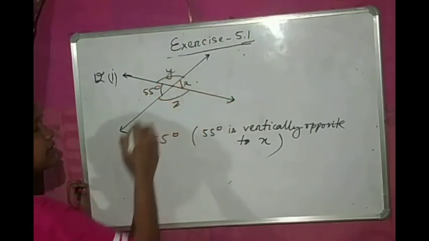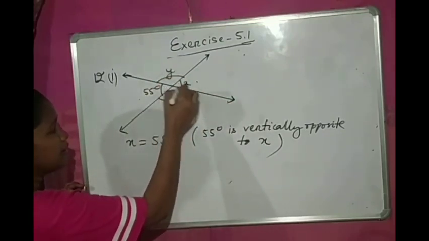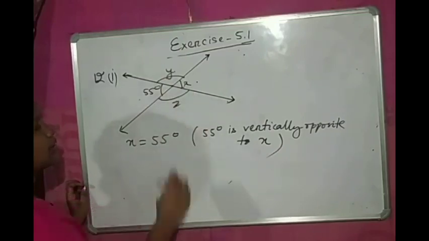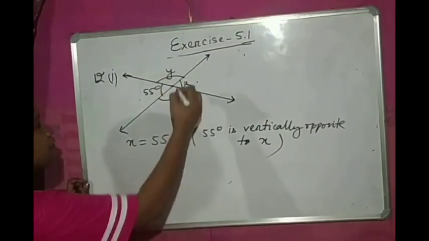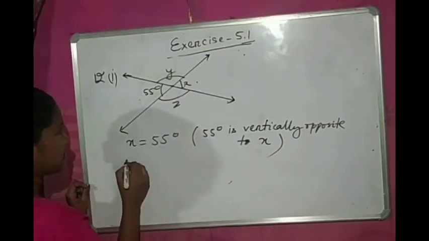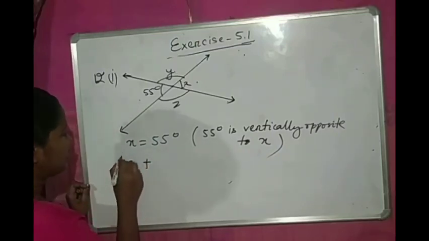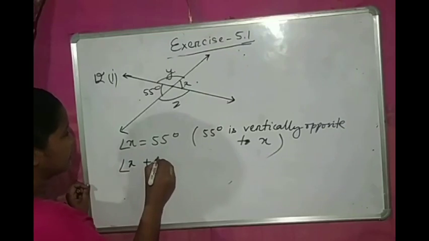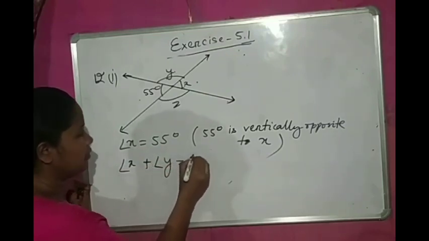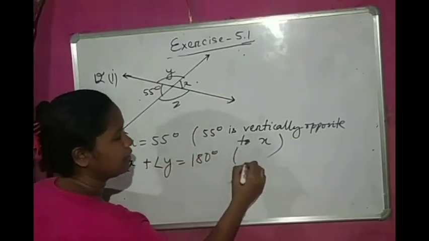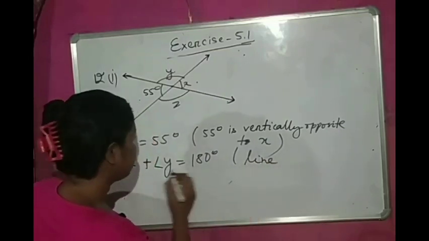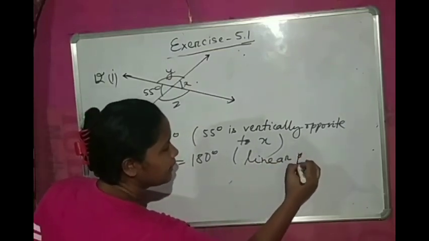Angles x and y are on a straight line, meaning their two uncommon arms are opposite to each other. That's why they are forming a linear pair. So we can write angle x plus angle y equals 180 degrees, because x and y are linear pairs.